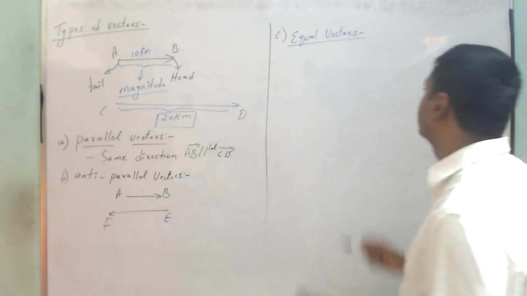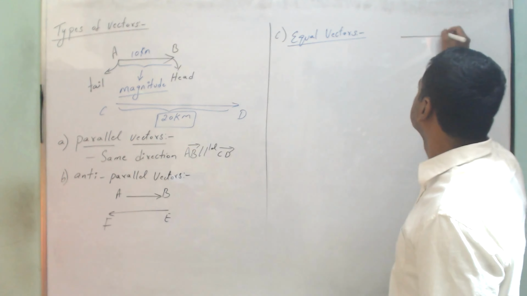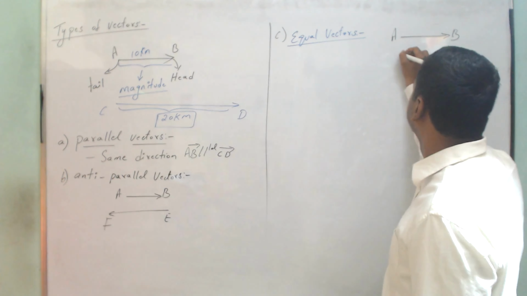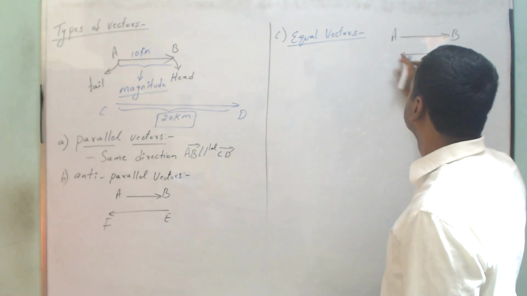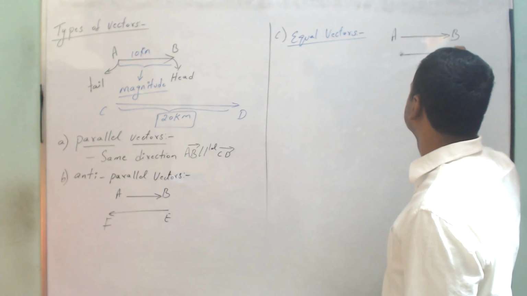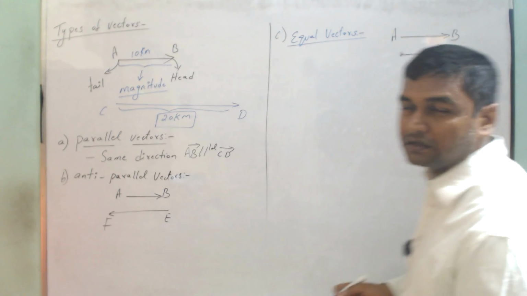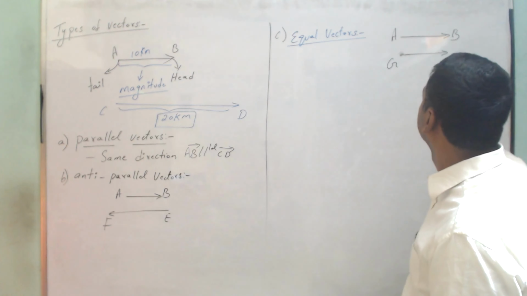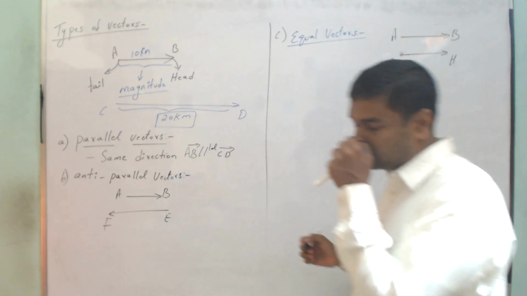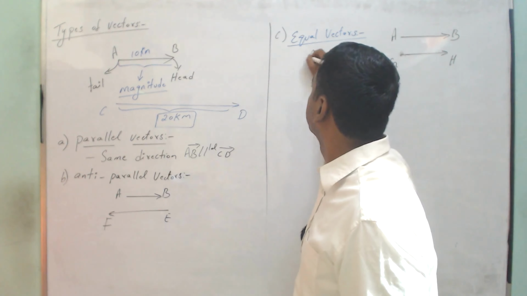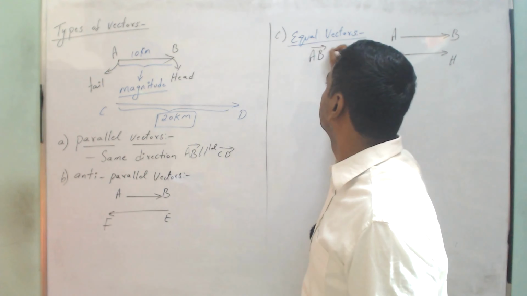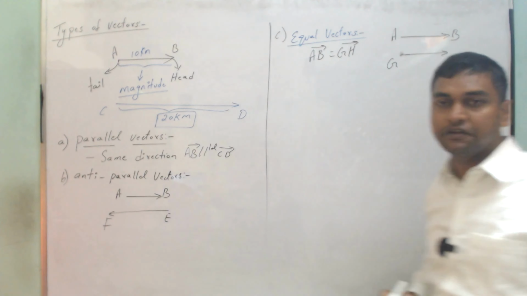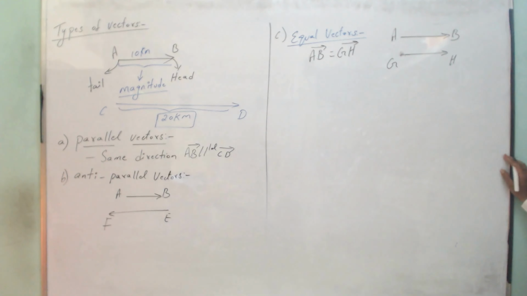So basically, if I have some AB bar and same length and same direction, if I have another vector, let us say GH bar, then equal vectors, mathematically I can write that AB bar is equal to GH bar. Correct? ठीक है.